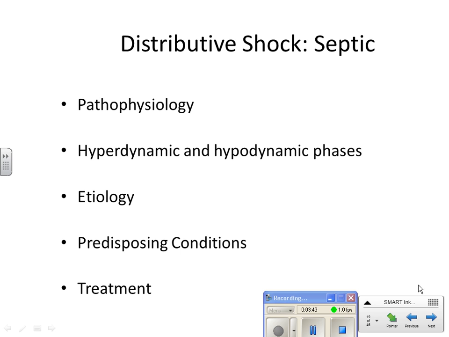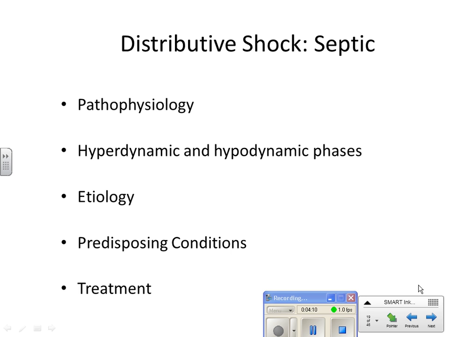So the hyperdynamic or warm phase of shock is the beginning of that systemic inflammatory response. And what usually happens when we have an inflammation or an infection going on somewhere in our body? What happens to our vital signs? They increase. So our heart rate increases, our blood pressure increases, our temperature increases, our skin becomes warm and flushed because we're trying to get rid of the infection.